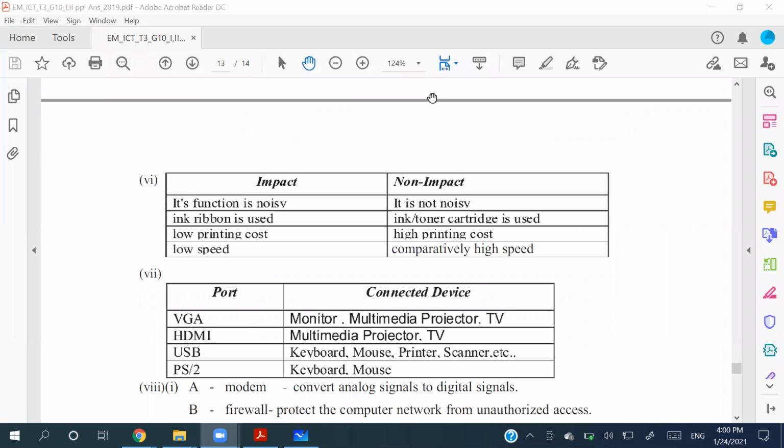And Isara, regarding which question do you need these marks, Isara? Isara, are you there in the room? Yeah.